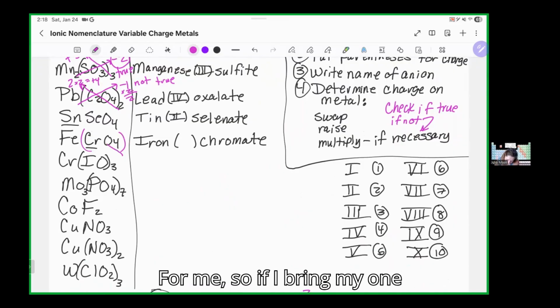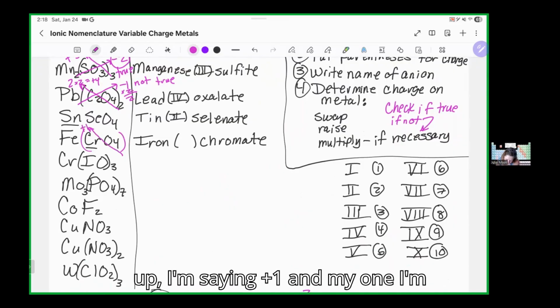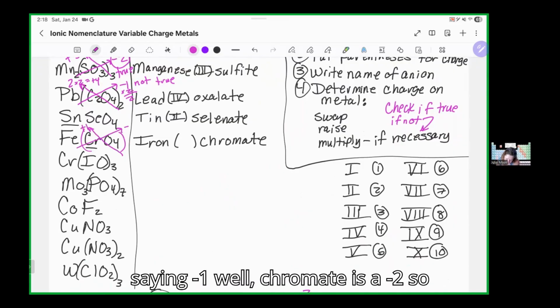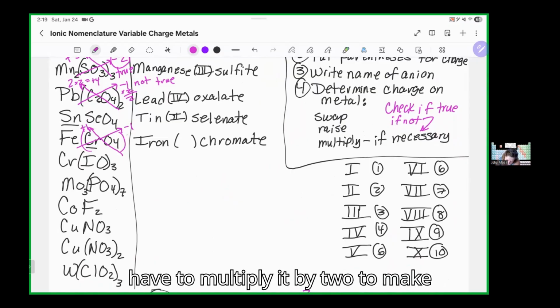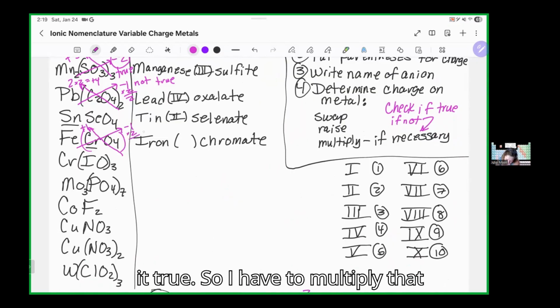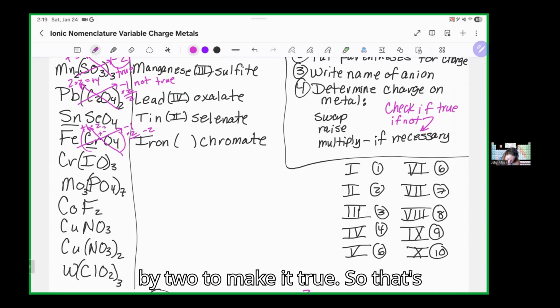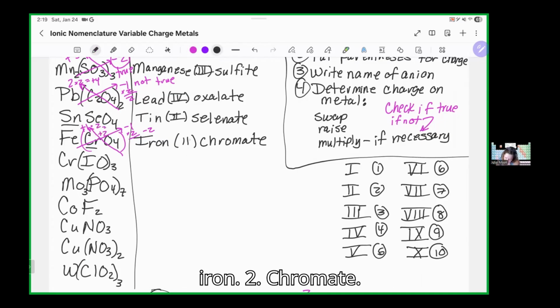So if I bring my 1 up, I'm saying +1, and my 1, I'm saying -1. Well, chromate is a -2, so that's not true. So I have to multiply it by 2 to make it true. So that's iron 2 chromate.